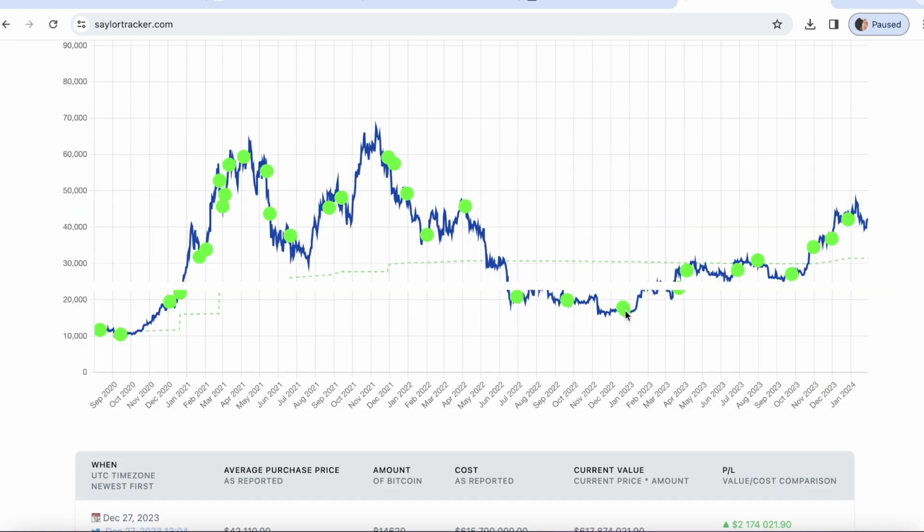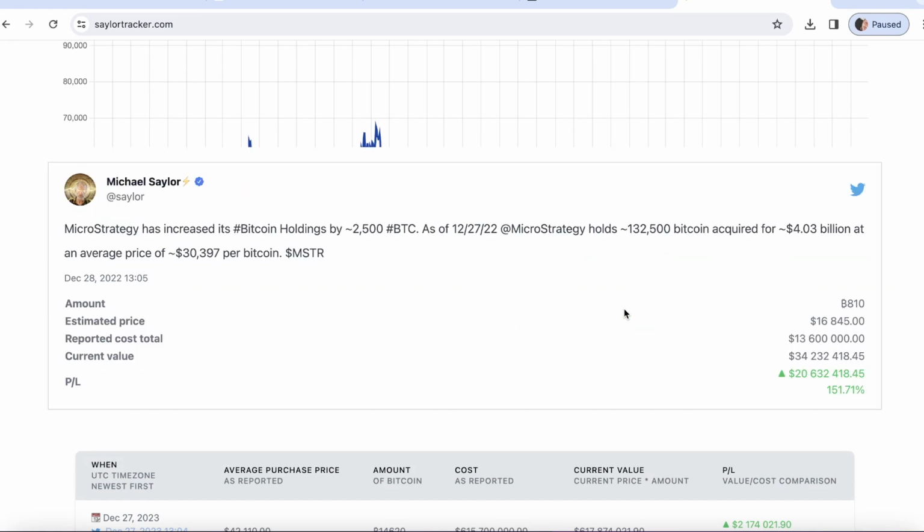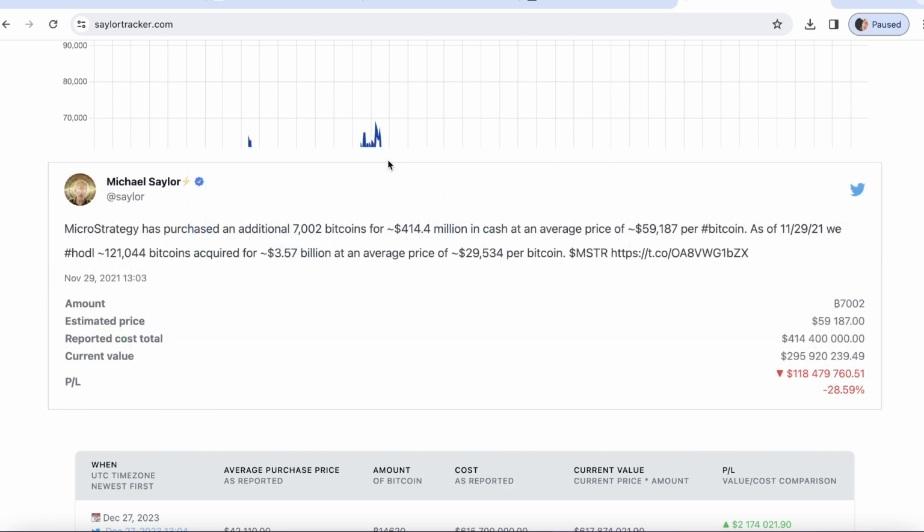If you really look at it, he bought only 810 Bitcoin around the 16K, 17K area. And this just doesn't look very smart to me. He bought 7,002 Bitcoins around this area, which is $59,000, guys.